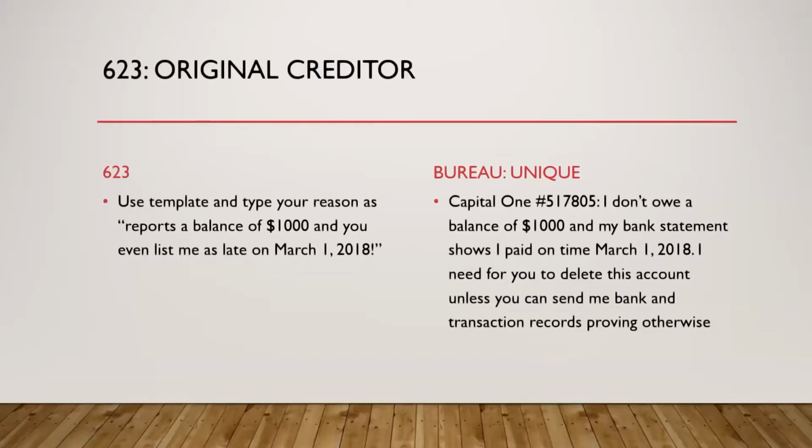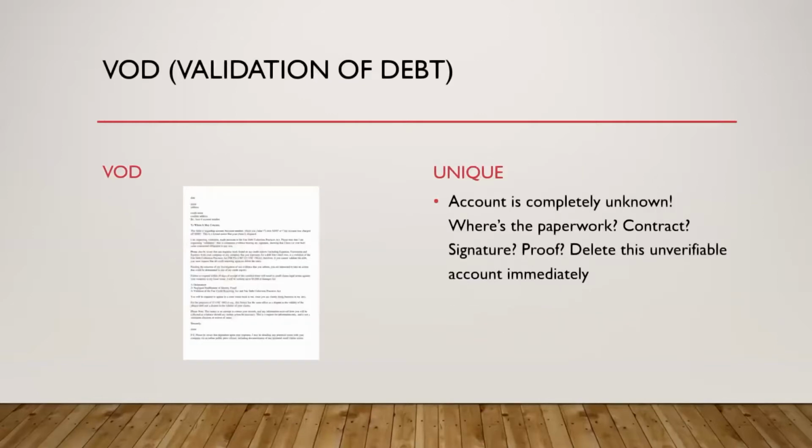On your bureau dispute for that same account, it's going to say: Capital One account number 517805, I don't owe a balance of 1,000, and my bank statement shows I paid on time March 1st, 2018. I need for you to delete this account unless you can send me a bank statement and other transaction records proving otherwise. Do you see the difference between what the 623 template says for a reason versus your bureau reason?